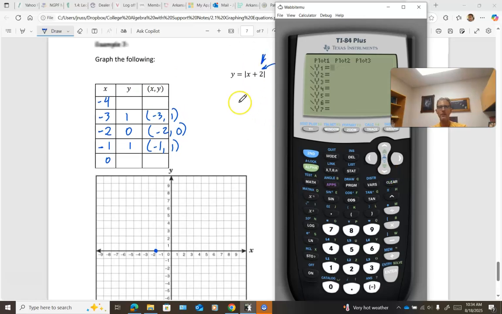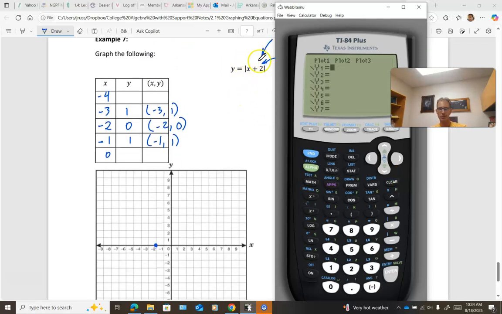All right, so where do we get the absolute value symbols? Well, right here. You go to the math key, you go to the right where it says number, and you select number 1 for absolute value. And it'll put them in there for you. And then you just need to type in there x plus 2. Okay?